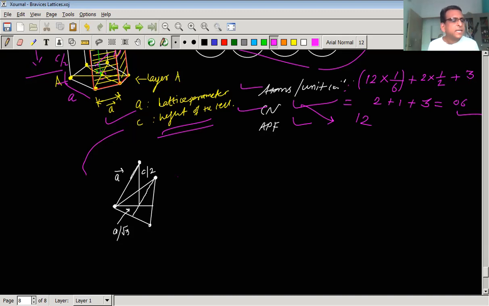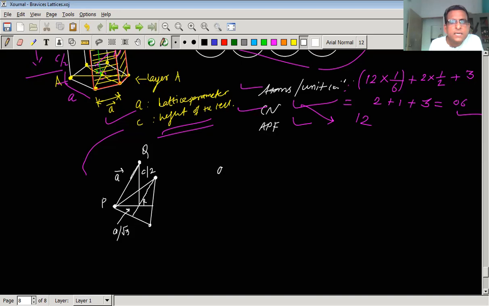With this, now we can calculate the atomic packing fraction. We can go like this. This is a right angle triangle. Let us give some names here: PQR. So PQR is the right angle triangle of which PQ is the diagonal.